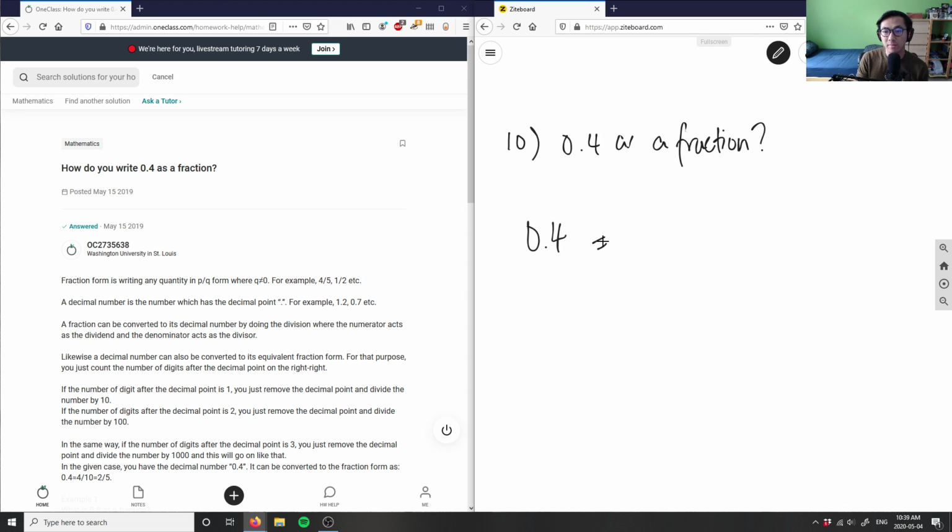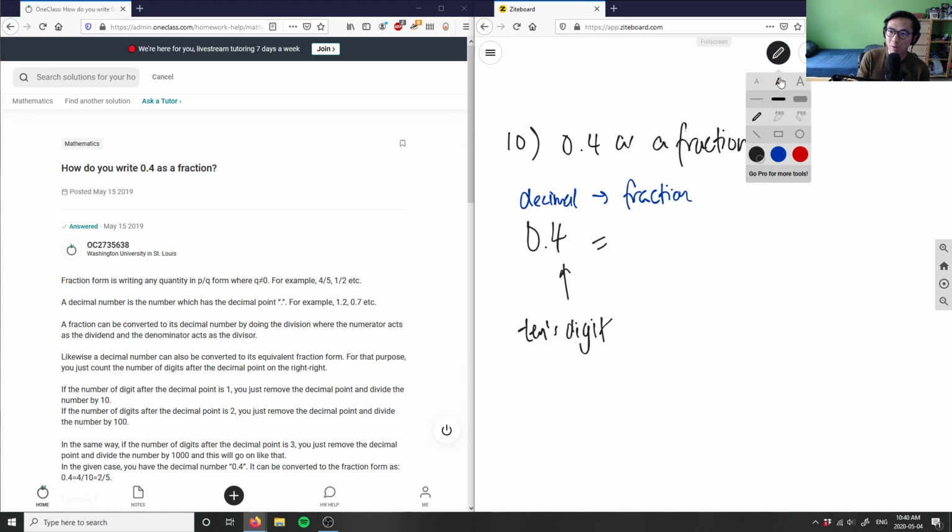So in this case, again, it's always my tens digit here. If I want to write a decimal into a fraction, my denominator is always going to be 10, because it's only existing in the tens digit.